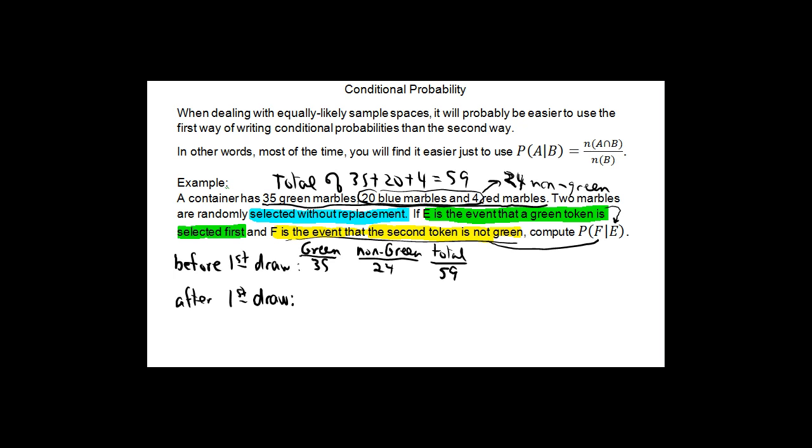So what I know now is what's already happened is the green, the E, which is the green one. So if I've already drawn a green, then I only have 34 greens left. I didn't draw a non-green, so none of the non-greens changed. So I still have 20 blue and 4 red marbles. I chose a green, but that does reduce the grand total down to 58. Now it's just a matter of calculating the probability that they're asking for.